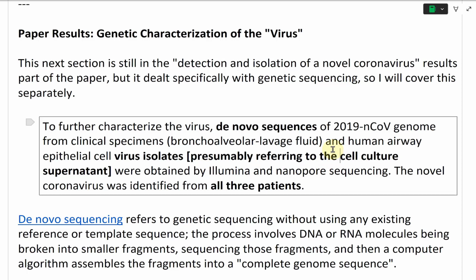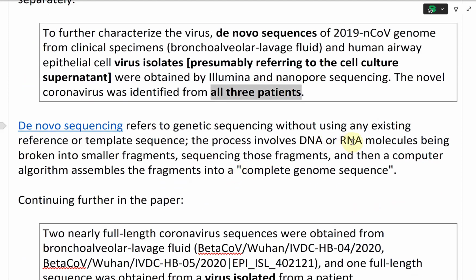The novel coronavirus was identified from all 3 patients. De novo sequencing refers to genetic sequencing without using any existing reference or template sequence, and the process involves DNA or RNA molecules being broken into smaller fragments, sequencing those fragments, and then a computer algorithm assembles the fragments into a "complete genome sequence."